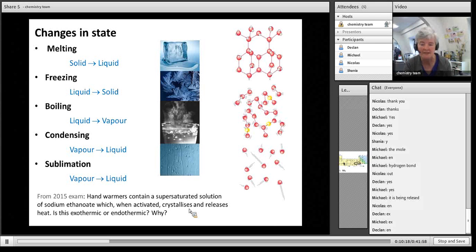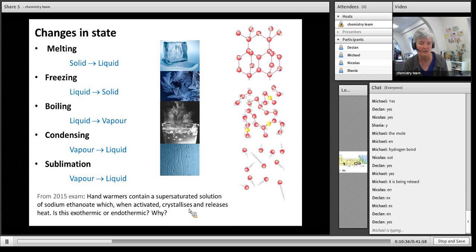Okay, so it's getting warm, so it's giving out heat. So the hand warmer is getting hot, so it's warming your hands nicely. So if the reaction is giving out heat, it'll be exothermic. Okay, does that make sense? Yep, okay, so it's going to be exothermic.